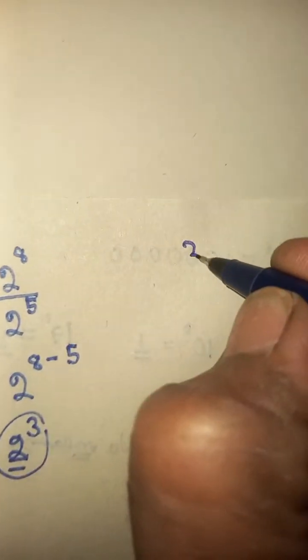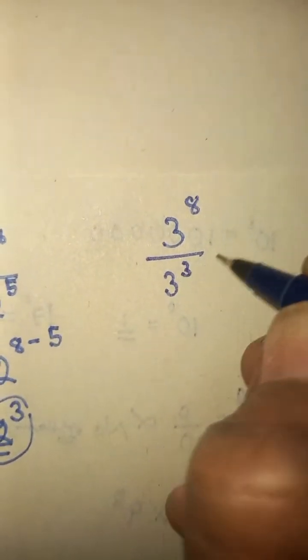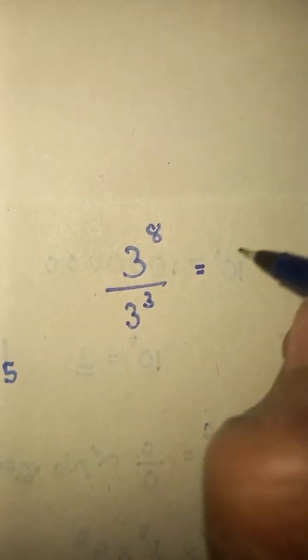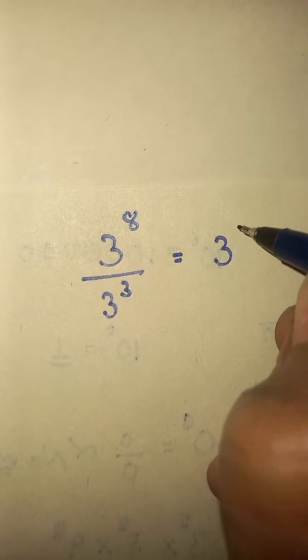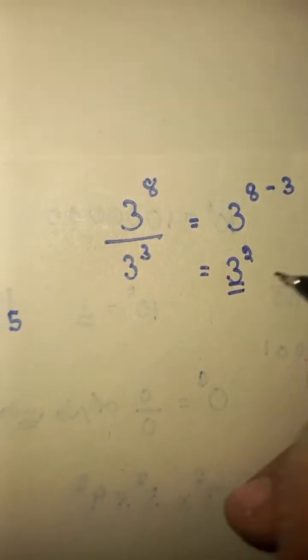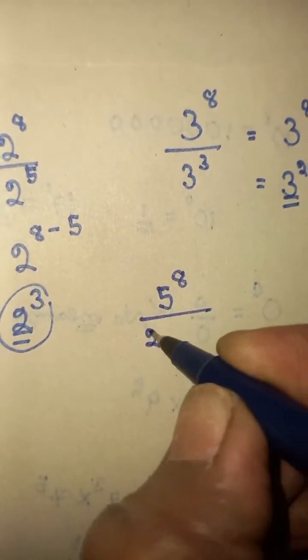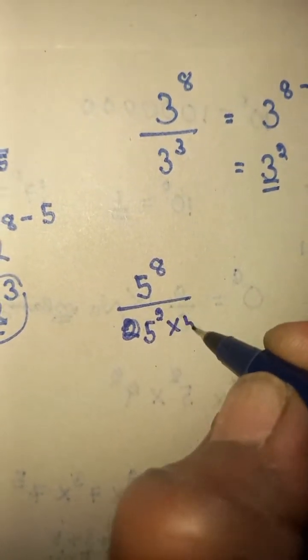Or take 3 power of 8 divided by 3 cube: when this 3 cube comes up, its power becomes negative. So when you take 3 as the common base, it becomes 8 minus 3, or 3 square.